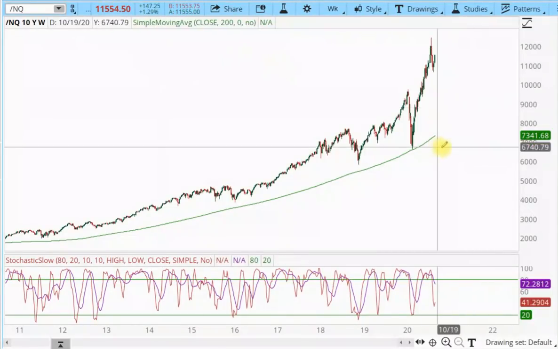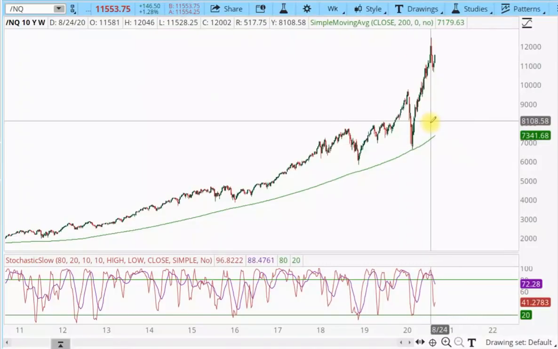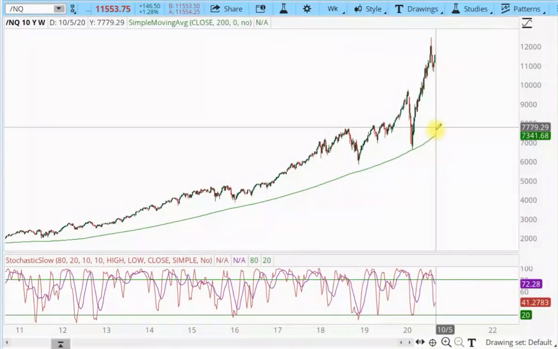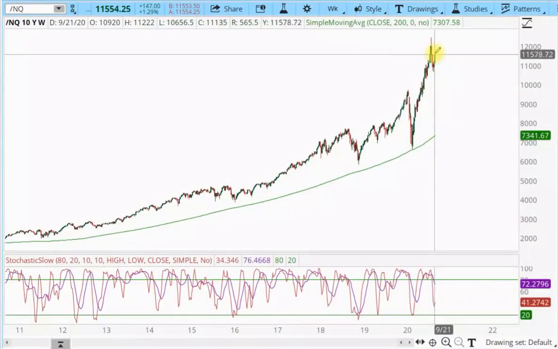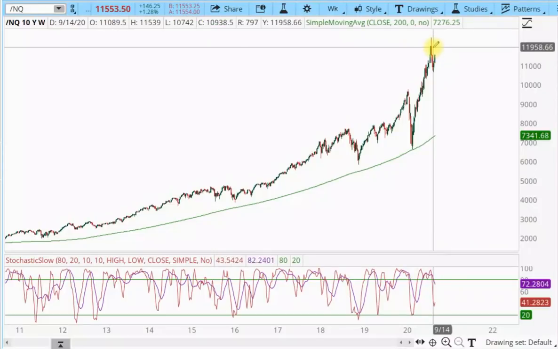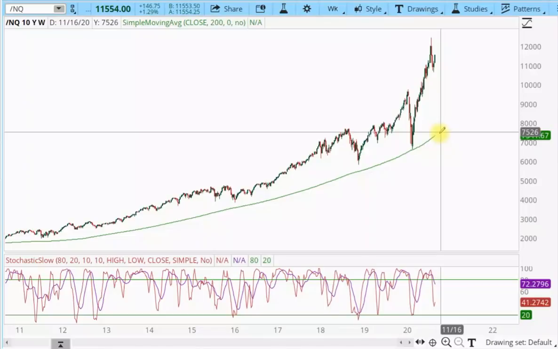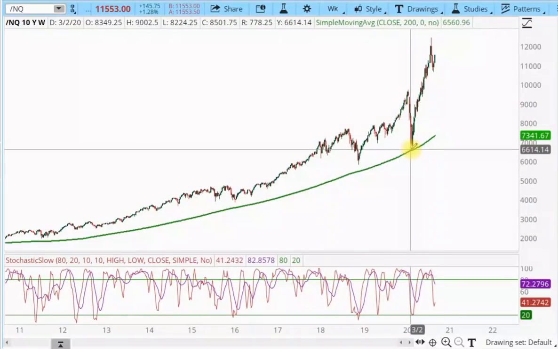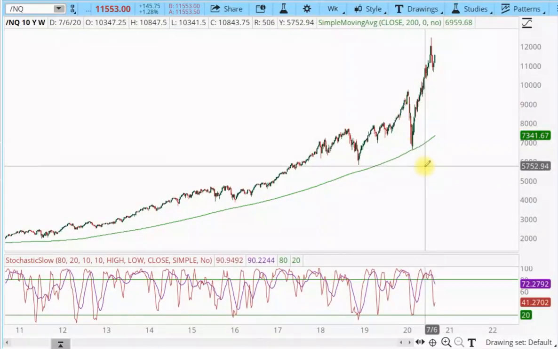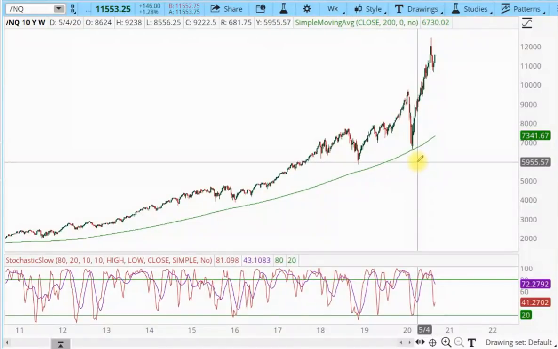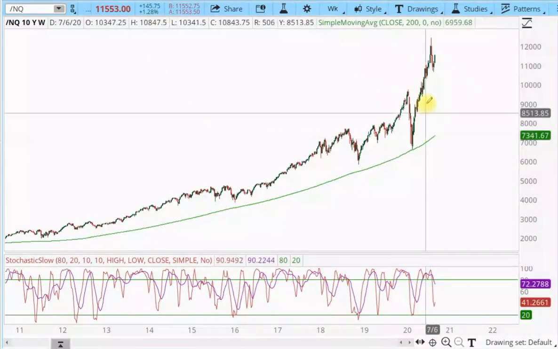But normally when I step back and look at a long-term chart like this and see something that's stretched this far above its long-term moving average, I would assume that we're in store for a violent move back to tag the average, kind of what we did right here. But in this case, the one time that it doesn't really happen is when an asset is in a bubble, and then it just kind of keeps going and going.